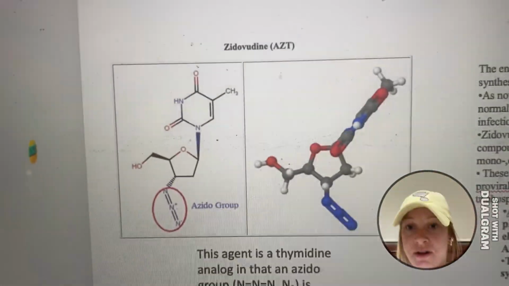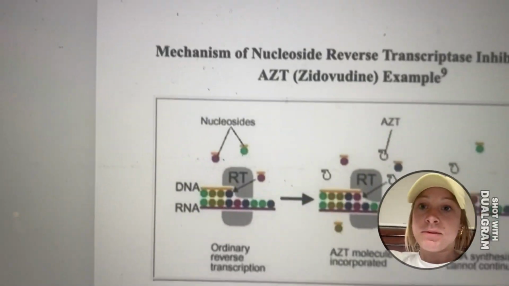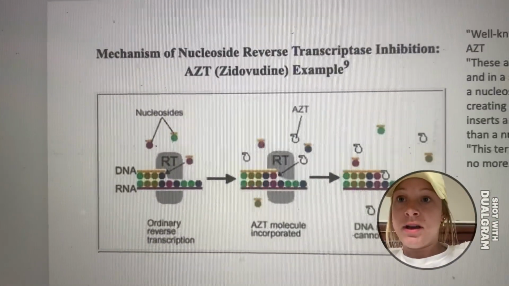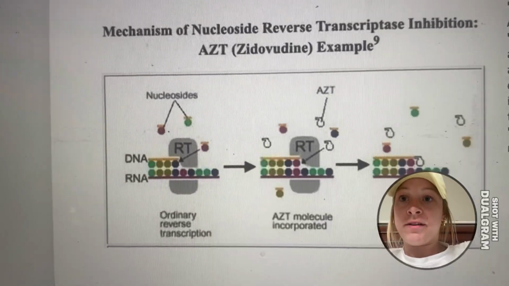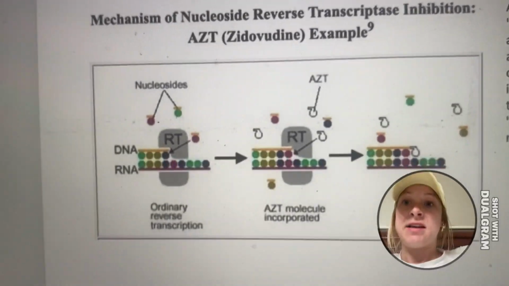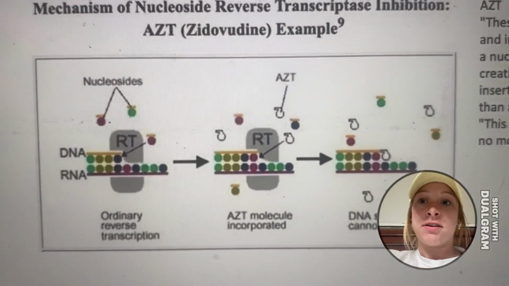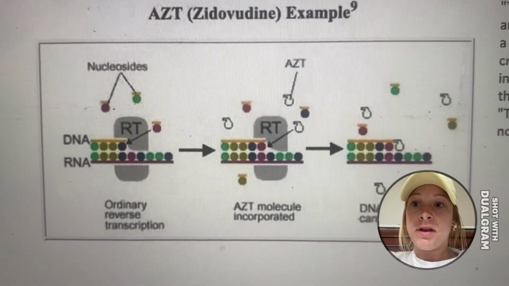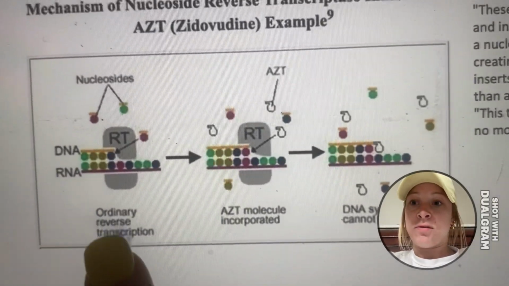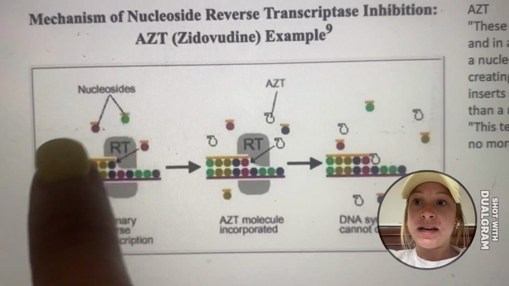So this brings me into the mechanism of nucleoside reverse transcriptase inhibition by AZT. Well-known RT inhibitors include AZT. This shows an example of ordinary reverse transcription, and these are examples of nucleosides.